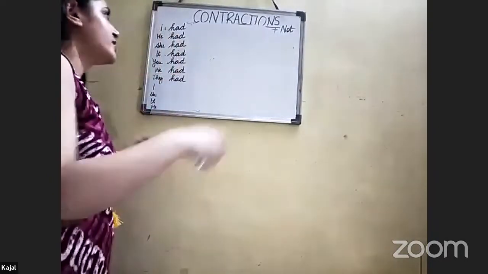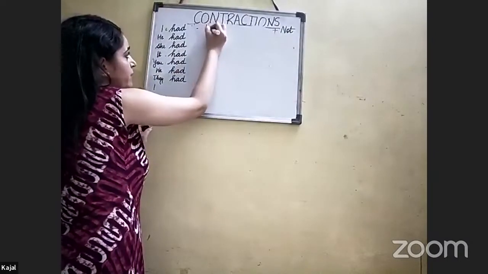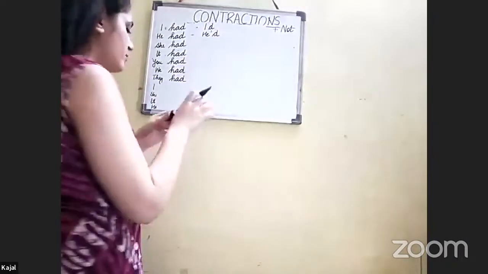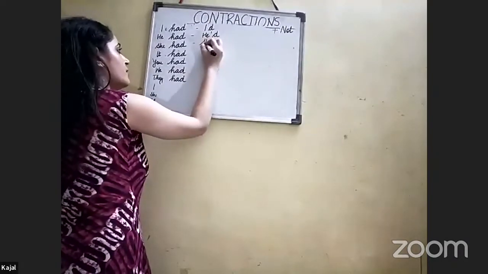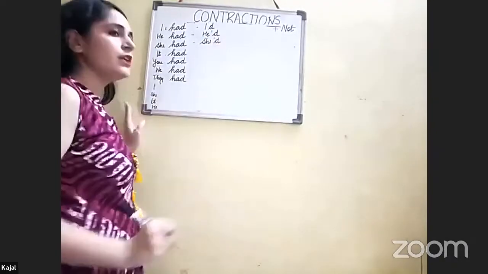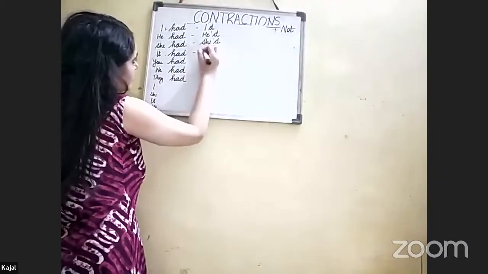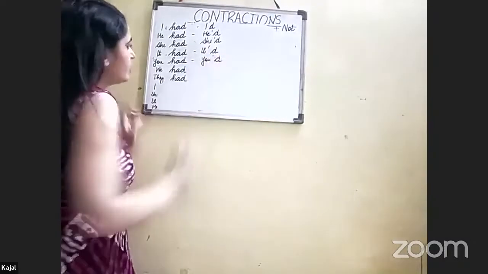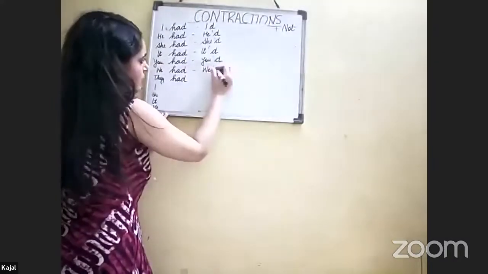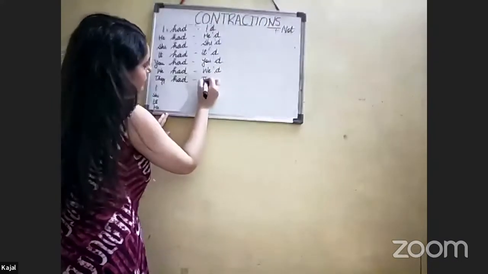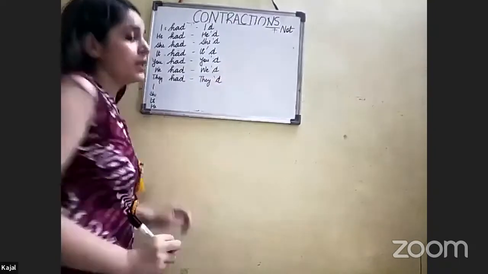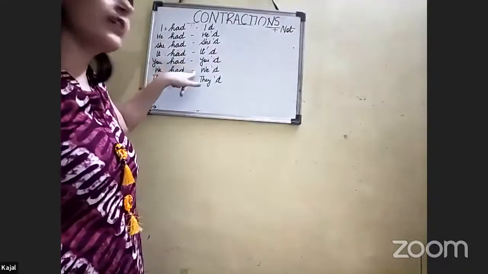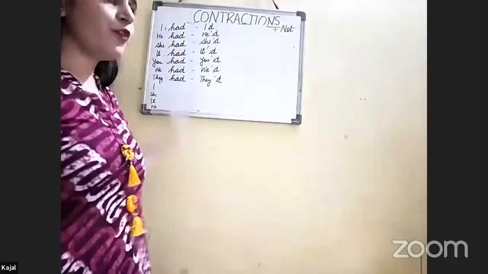Okay, so the contractions will be I'd, he'd, she'd, it'd, you'd, we'd, and they'd. These are for had.